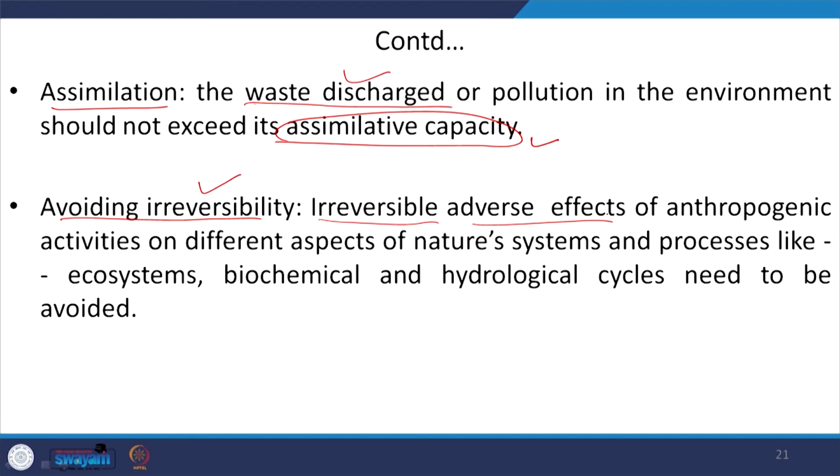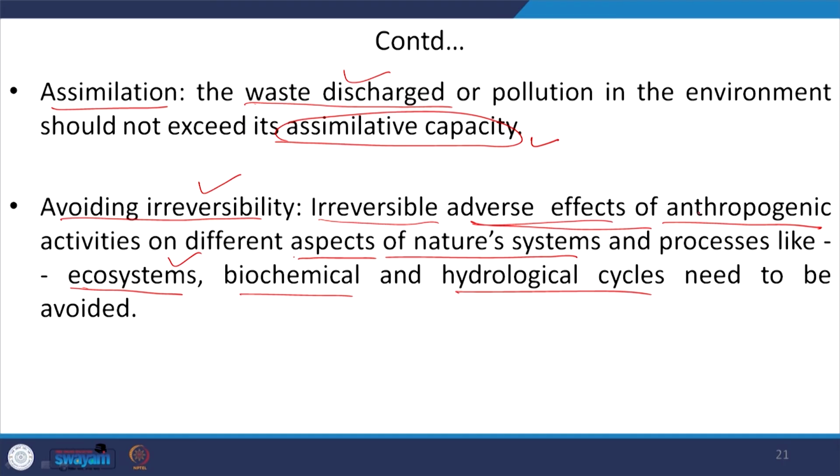If these adverse effects are not impacting different aspects of natural systems and processes, that means the anthropogenic activities are not adversely affecting the ecosystems and nature's processes, like your biochemical processes or hydrological cycles, then we can say that environmental sustainability may happen.